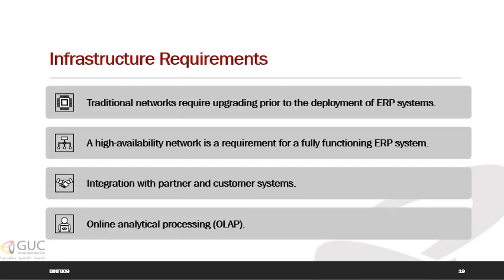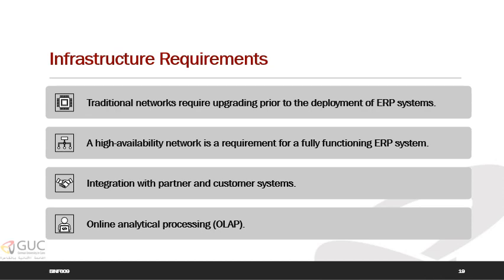The traditional network requires upgrading prior to the deployment of an ERP system and must be a component of the overall budget. A high-availability network is a requirement for a fully functional ERP system, one that grows with the user population and supports continued expansion and integration of the supply chain.